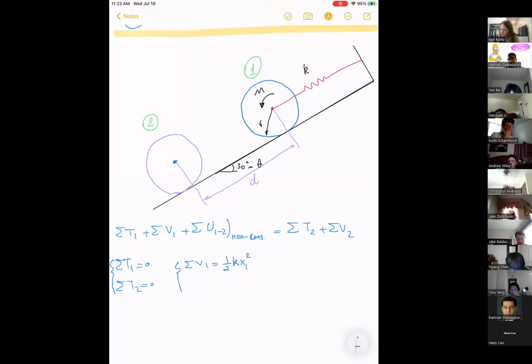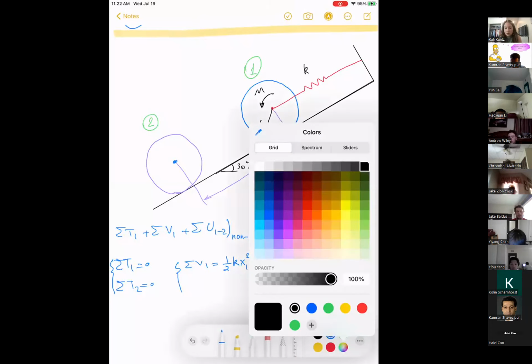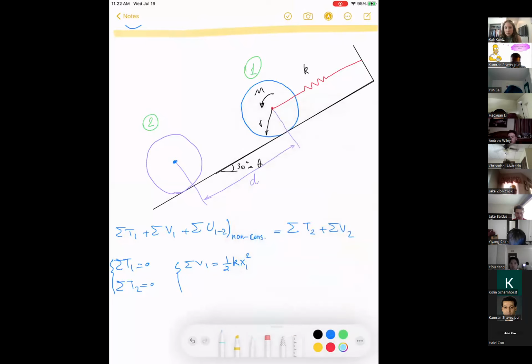You have to have a reference point to measure your height, right? Usually we have some flat level or whatever you can use, but I told you before, it's completely arbitrary. To make life easy, I'm going to choose the lowest position of the disk, center of mass. I'm going to use this as my reference for y, okay? Now, if this is the distance between the two, this is going to be y1.